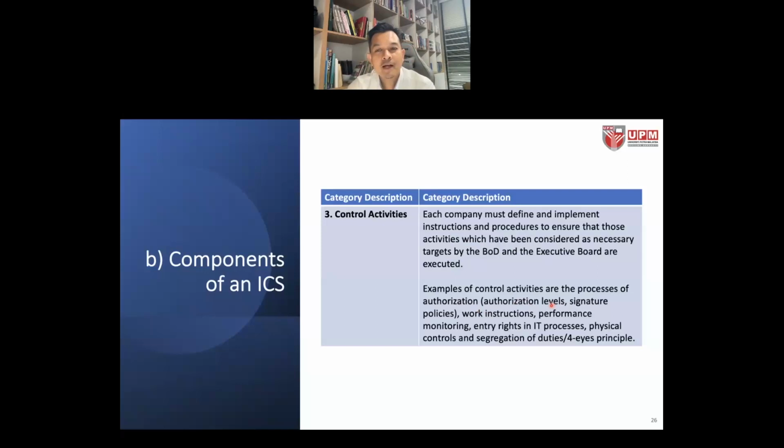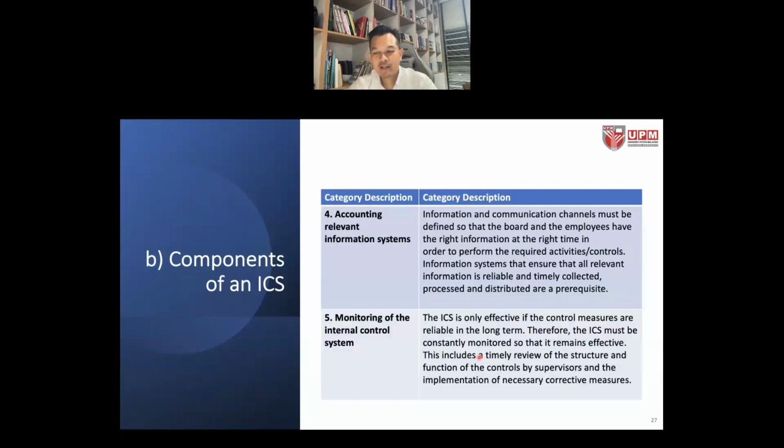Who can authorize certain levels? When can it happen? Signature policies, work instructions, performance monitoring, entry rights in IT processes. Who can access certain data in the company? Okay, physical controls and segregation of duties. So those are what we call the control activities.